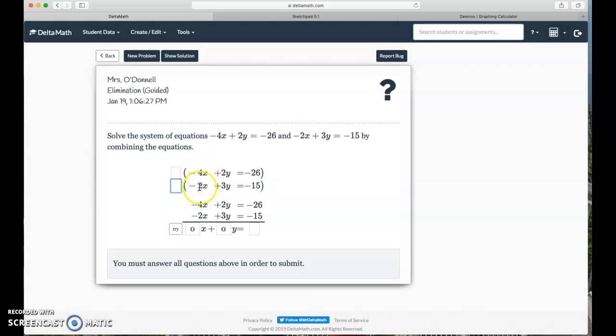I've got a negative 4 and a negative 2 in front of my x, and a 2 and a 3 in front of my y. But I know, hey, 4 and 2, if I multiply negative 2 by 2, then that makes it negative 4, right? And now they match, don't they?